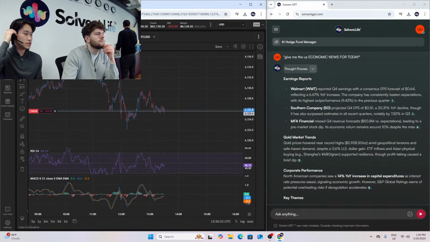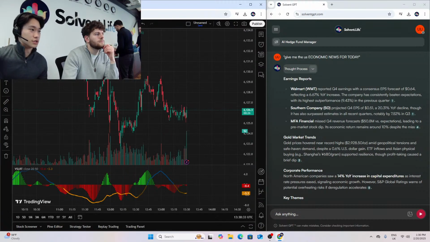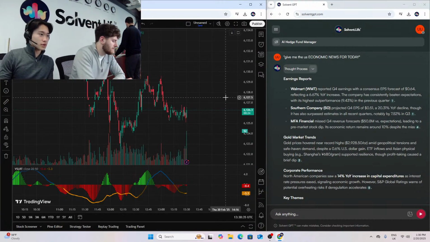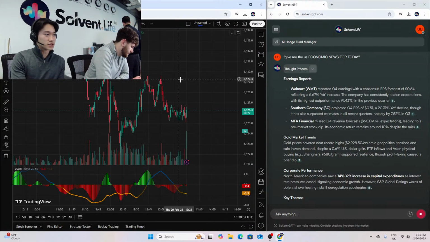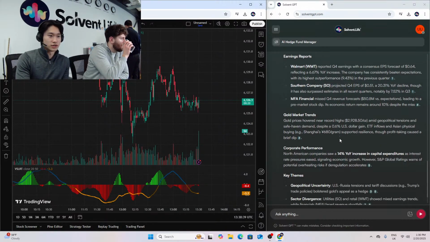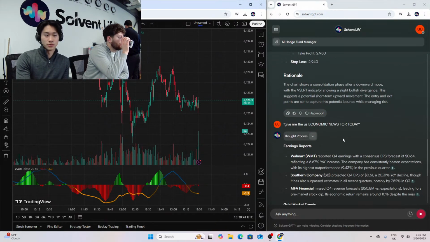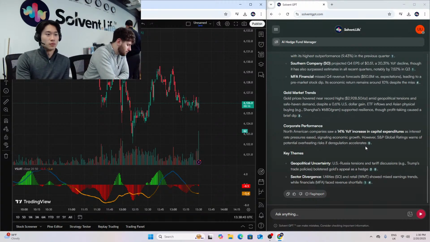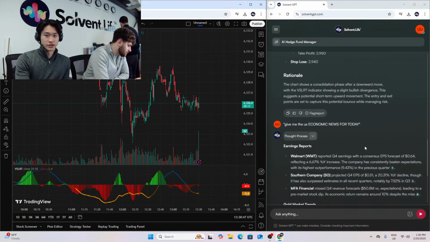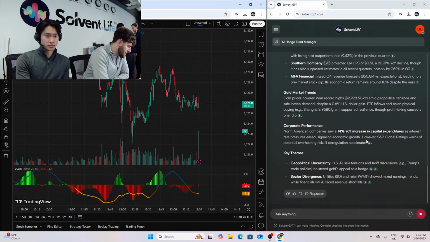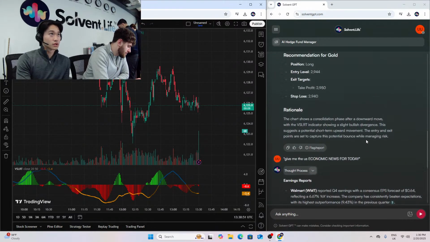Now, the GPT does have predictive functionality, but it's basing it off of statistics, and there is that level of risk always when you're placing trades, which is what you want to consider. Although it does have predictive functionality, it's not exactly a crystal ball.